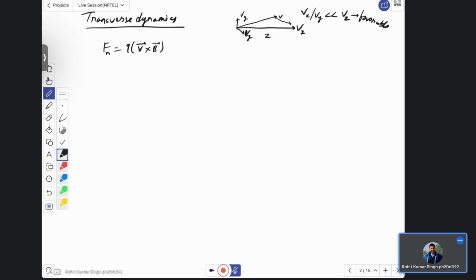Q is the charge of the particle, and we know that in an accelerator the velocity can go close to the speed of light.